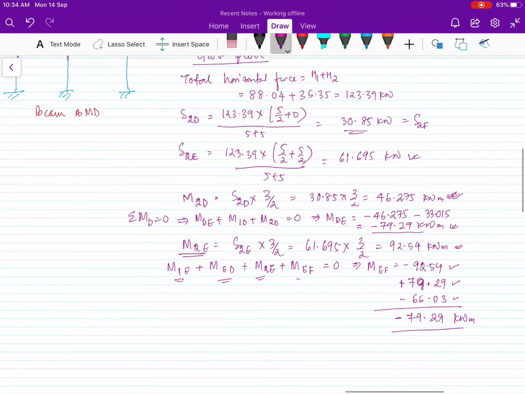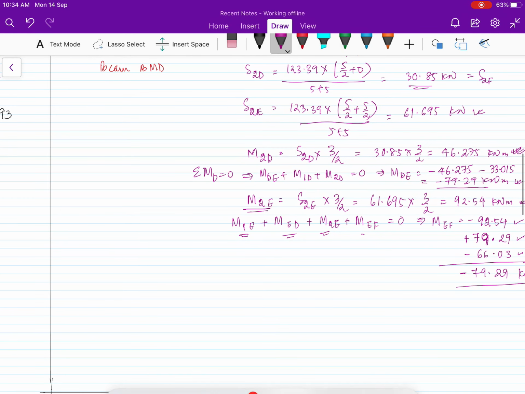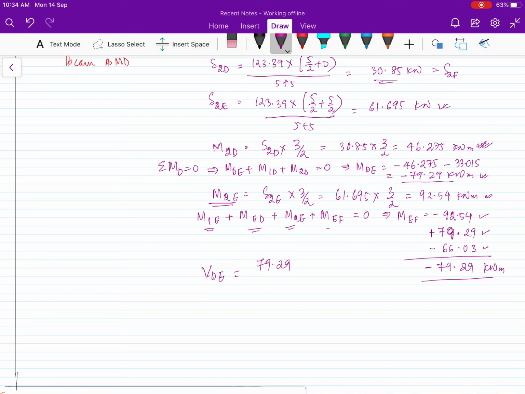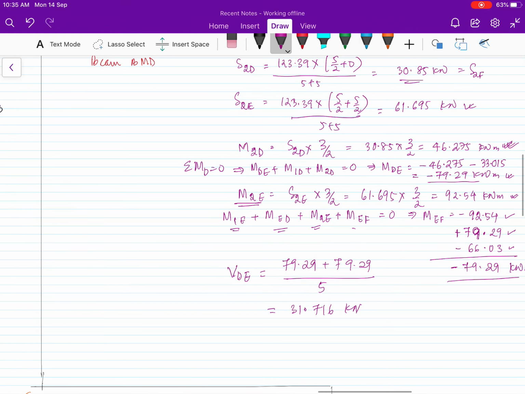So we have already calculated. Now we are going to calculate the shear in the beam DE. So shear will be 79.29, we have the difference between the two ends, minus of minus plus 79.29 by the span 5 meter. So you will get 31.716 kilonewton. Again, this will be your axial force for the column.